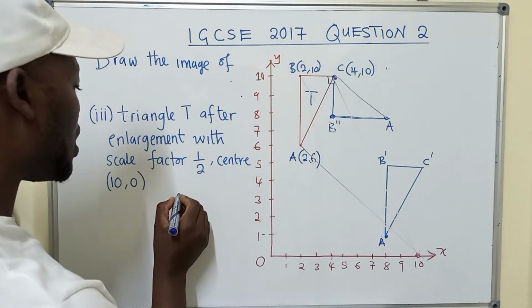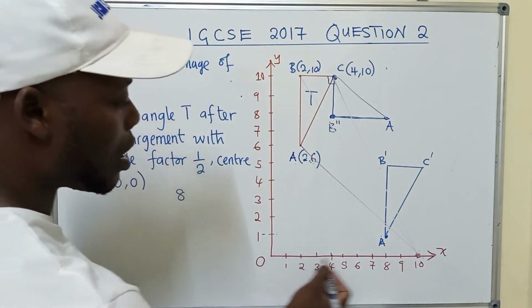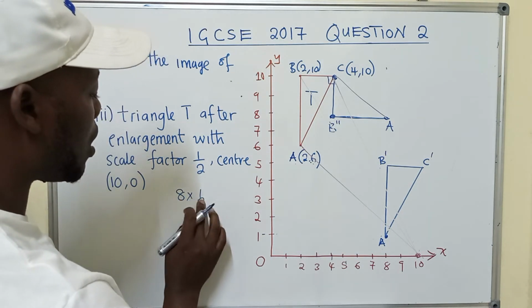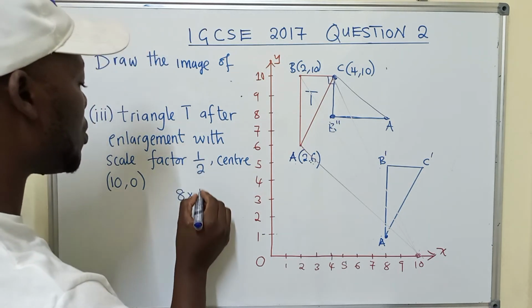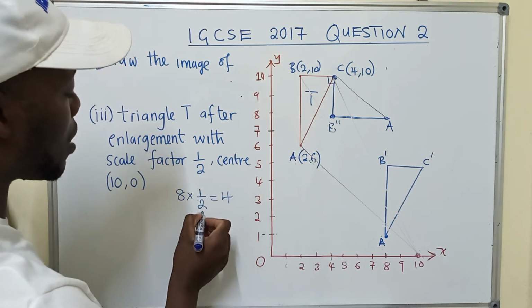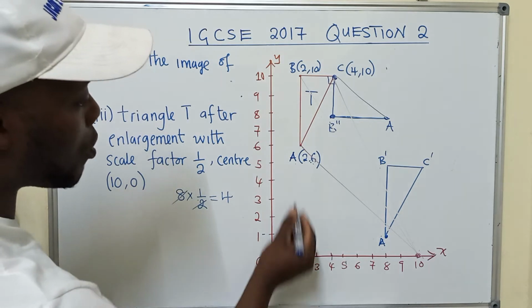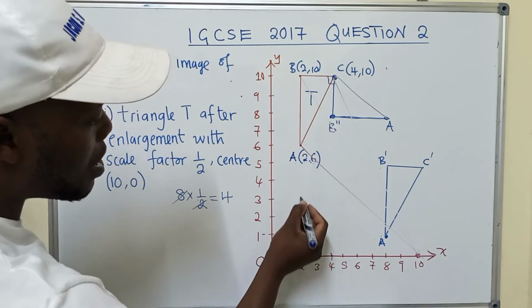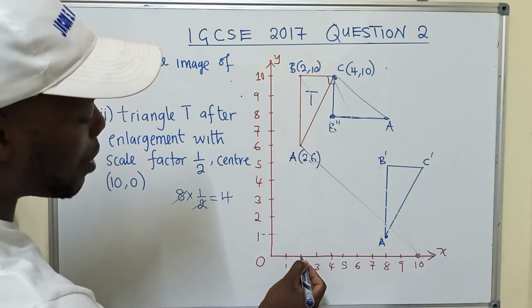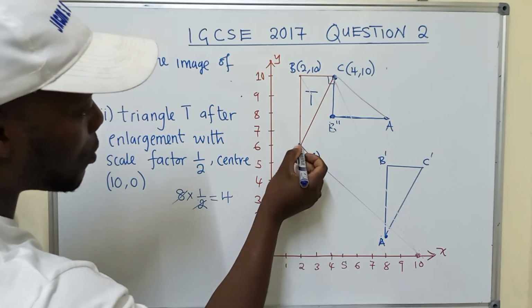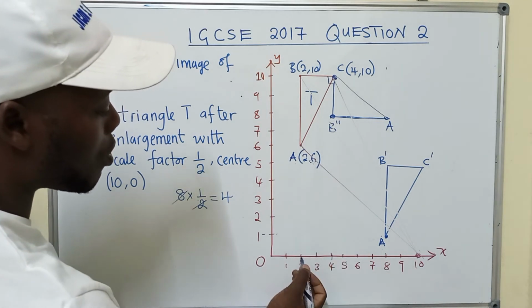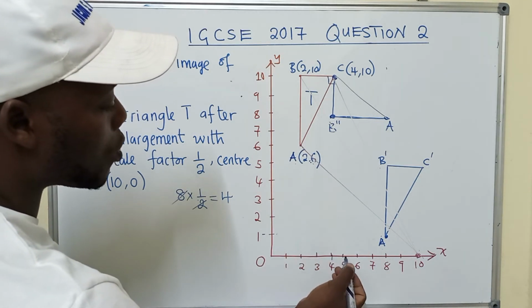So now, along the x-axis, 8 times the scale factor will just give us a 4. Meaning where point A will be from the original here, we need to move 4 steps. So this is 0, 1, 2, 3, 4.